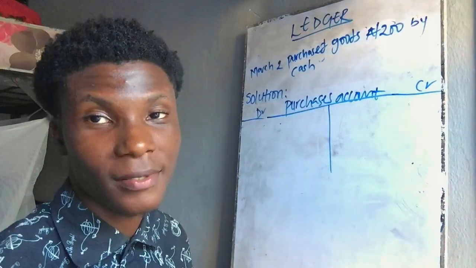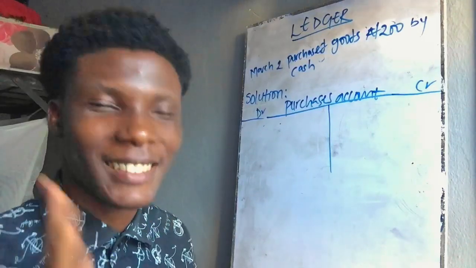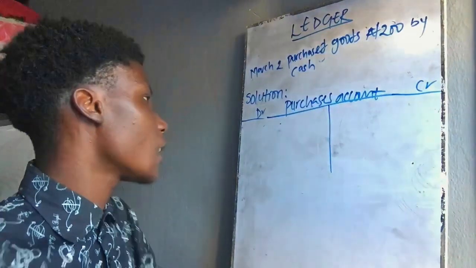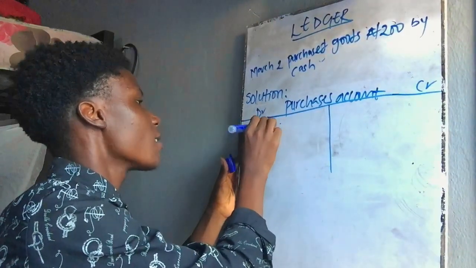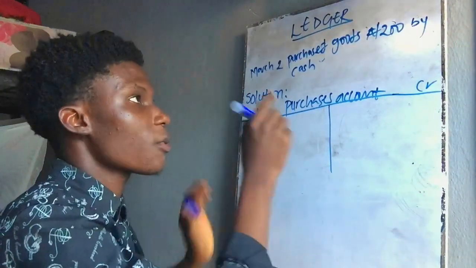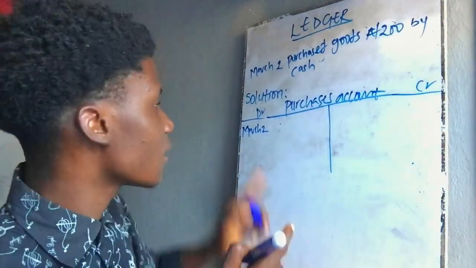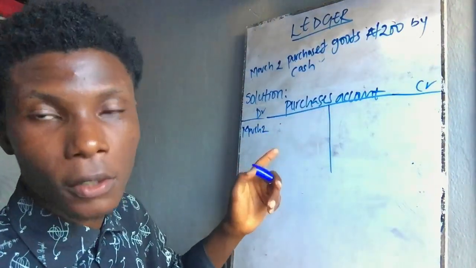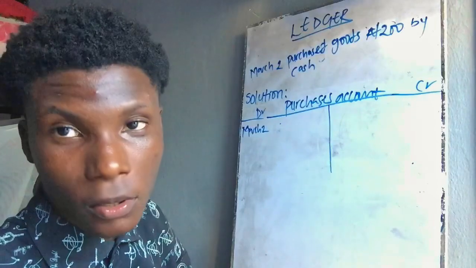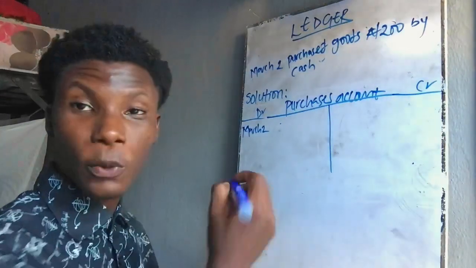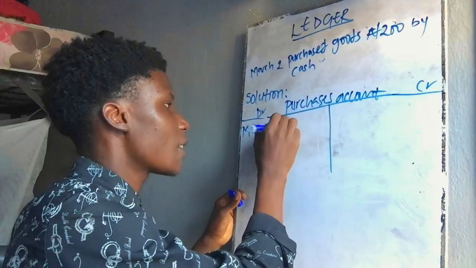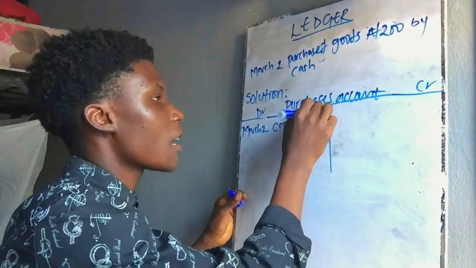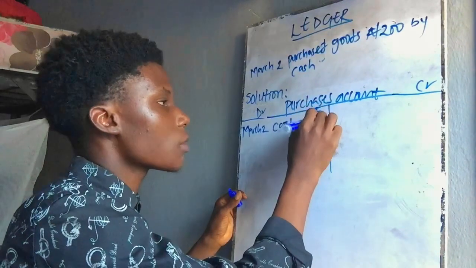Purchases account is what, do you remember? It is debited. So we're going to debit it. You're about to put your date, March 2nd, and I told you that in this list here you put the corresponding accounts. The corresponding account in this transaction is the cash account. Put that here. Then we have this, which is 200 naira.